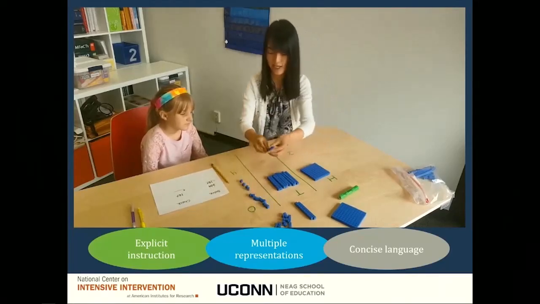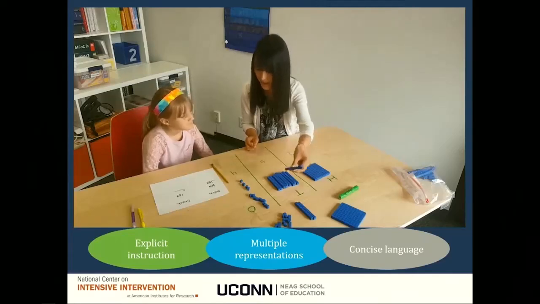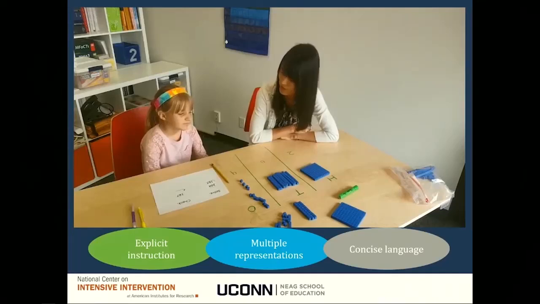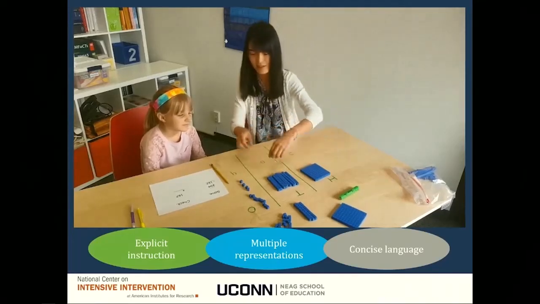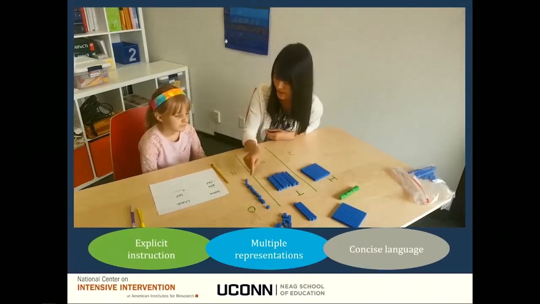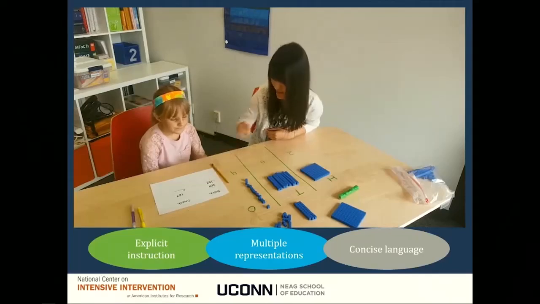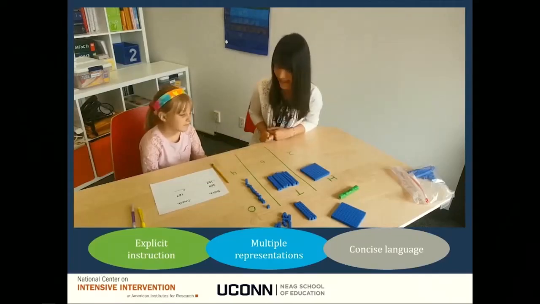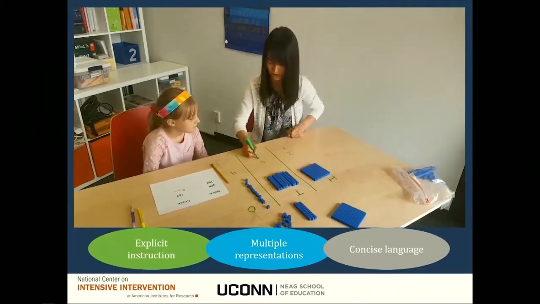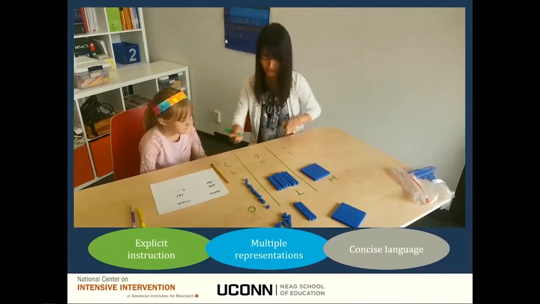So we exchanged 1 rod for how many cubes? 10. Okay, so can you tell me how many ones do we have now? 14. 14, good. So we have 14 cubes here now. So do we have enough to subtract 7 now? Yes. All right.